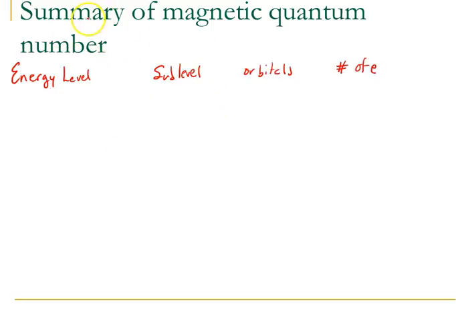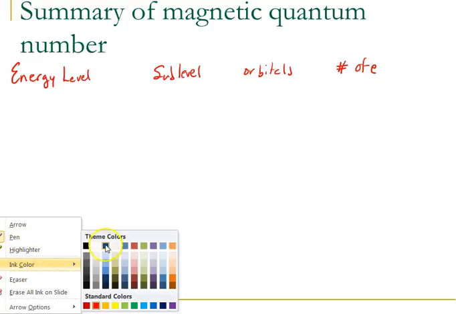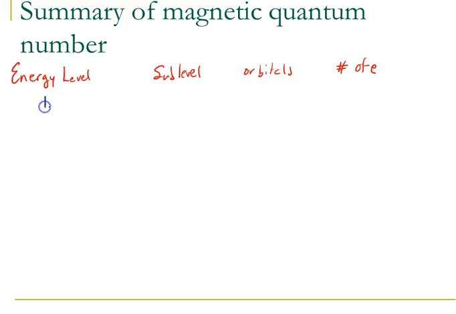So to summarize the 3 quantum numbers thus far, we're going to look at the energy level, the sublevel, the orbitals, and the number of electrons. So for energy level 1, we have only one sublevel, which is called an s sublevel. In that one s sublevel, we have one s orbital.